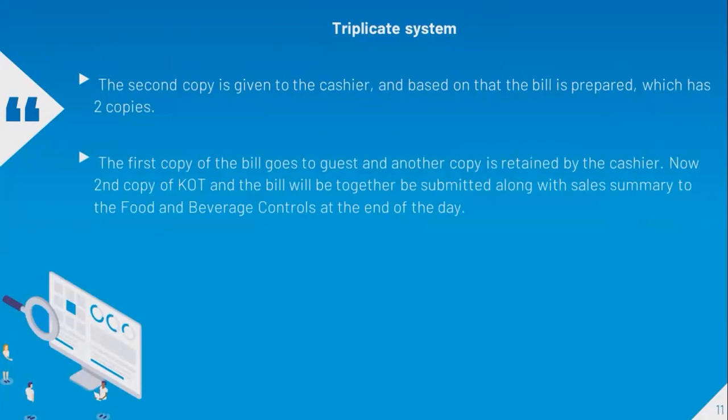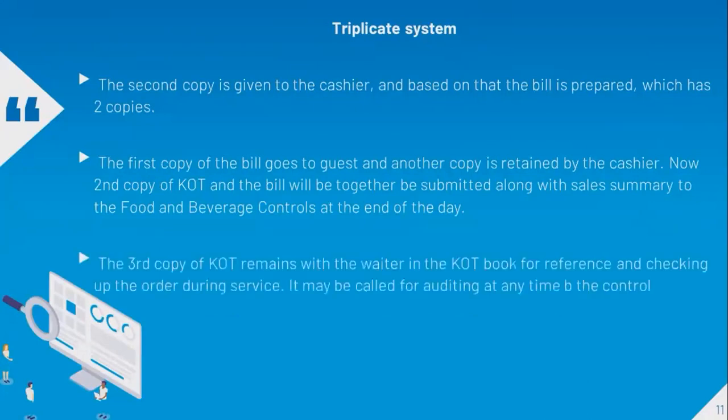Now the second copy of the KOT and the second copy of the bill is going to be together, which will be submitted along with the sales summary to the Food and Beverage Control Department. The third copy of KOT remains with the waiter in the KOT book for reference and checking up the order during service. Now, this copy can be called for auditing at any given time.